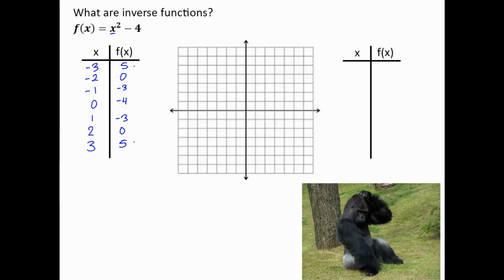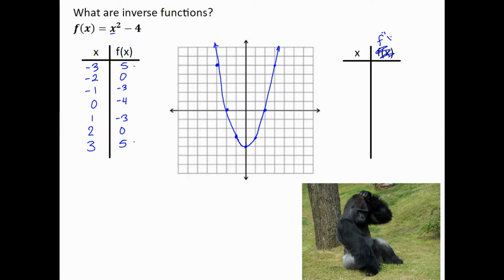So we plot negative 3, 5, then negative 2, 0, negative 1, negative 3, 0, negative 4, and then we have that symmetry to create my favorite shape, a parabola. Okay, I know that's a little bit wonky, but you get the idea.